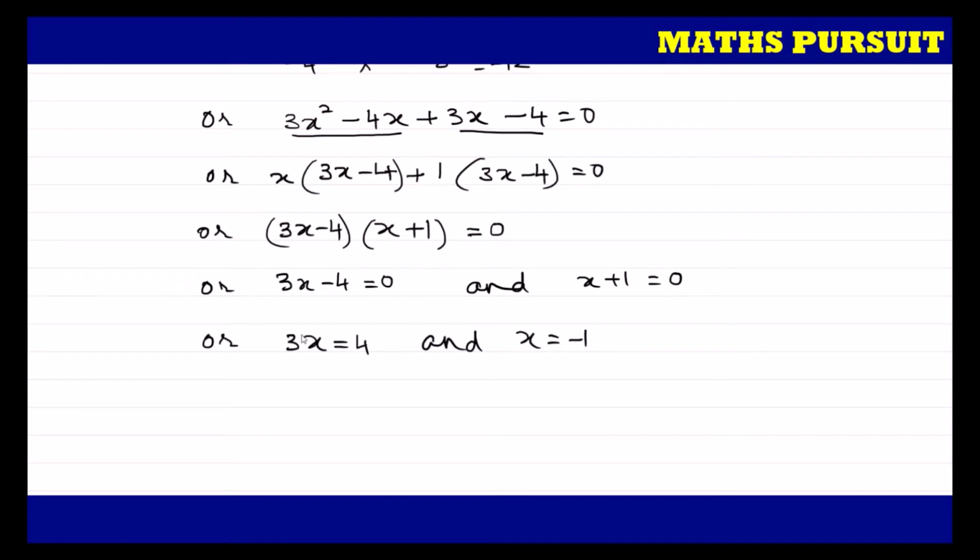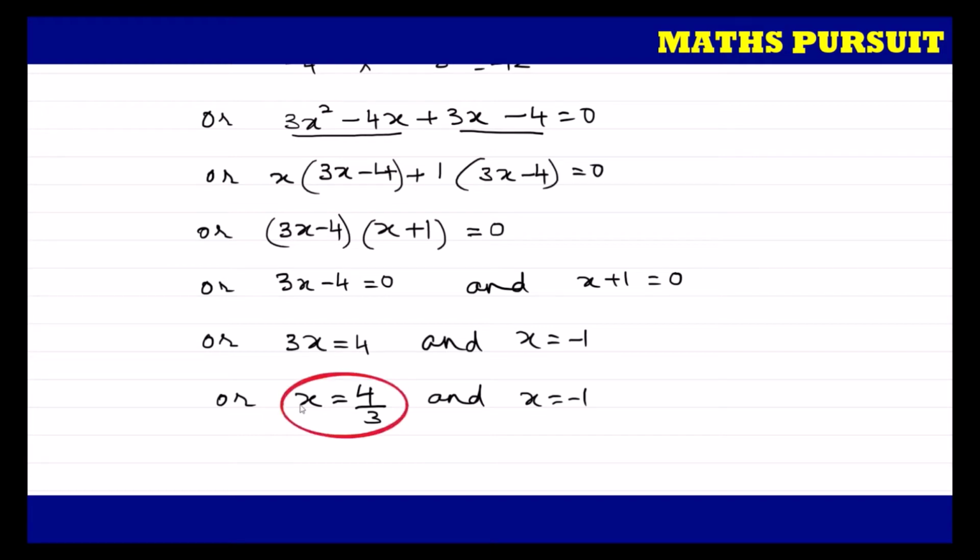Moving -4 to the right side, it became +4, and similarly moving +1 to the right side, it became -1. Or I can write x is equal to 4/3 and the other part is x is equal to -1. So these are the two values of x, or these are the two zeros for the given equation. Whenever we replace these values in the given equation, we will get 0.